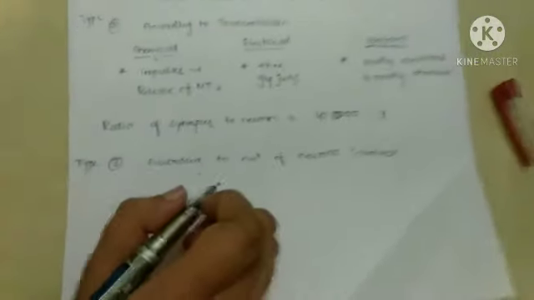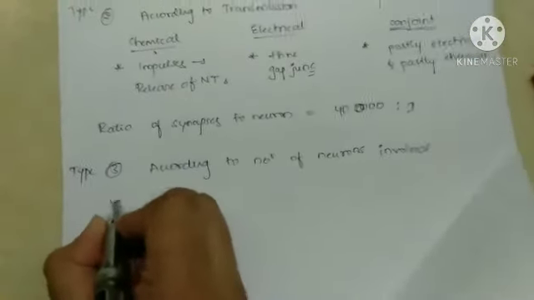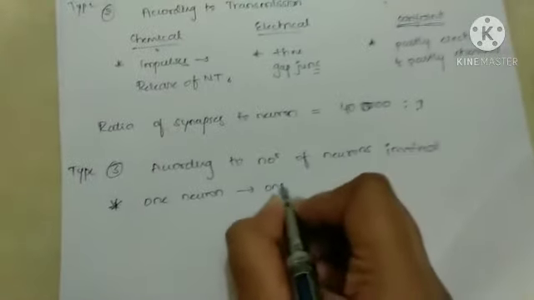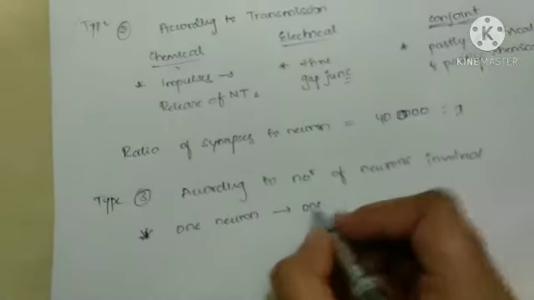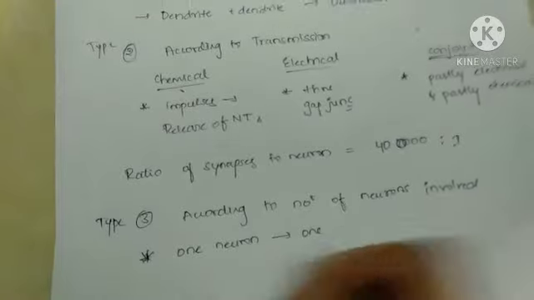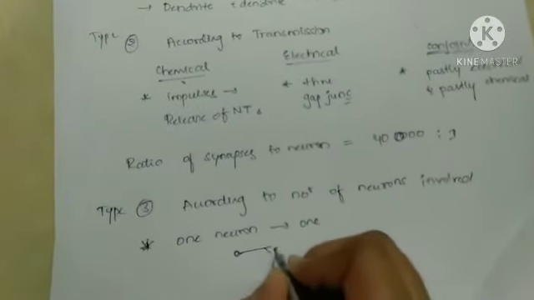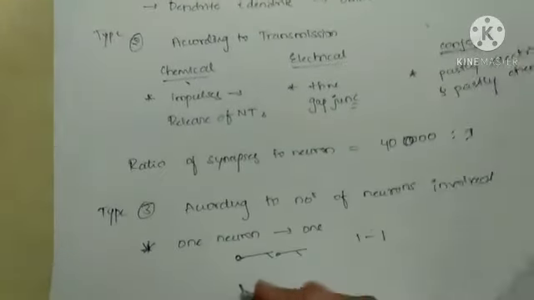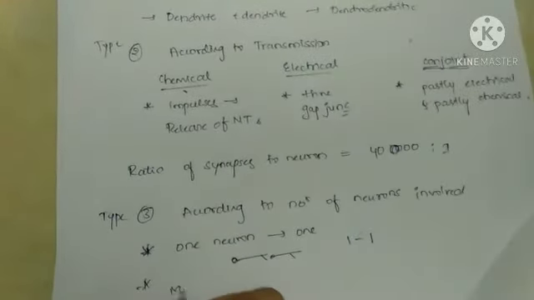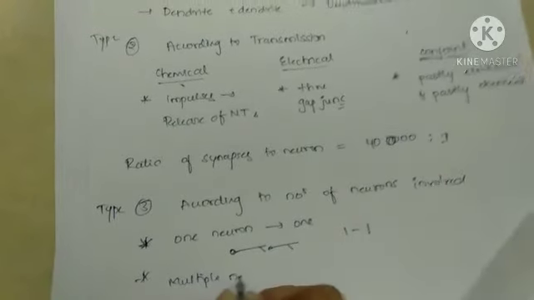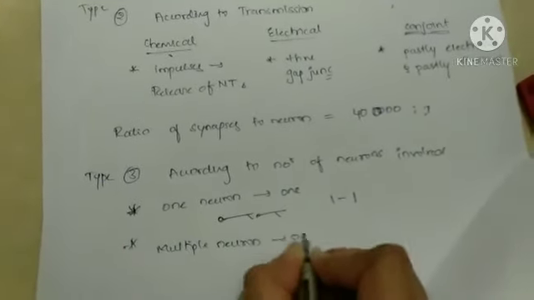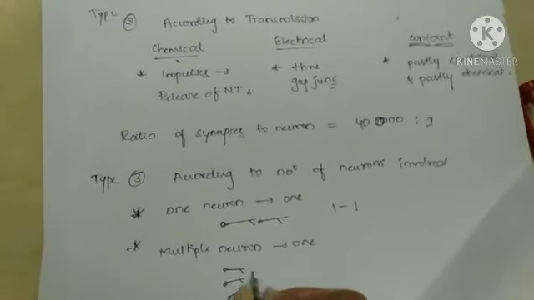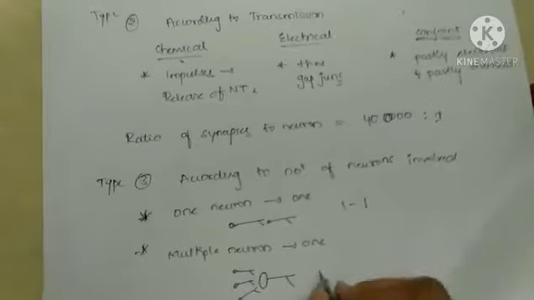In the first type, if one neuron ends on another neuron, but it ends on one, like this, it is called one-to-one transmission. If multiple neurons end on one neuron, like this, this is called many to one.